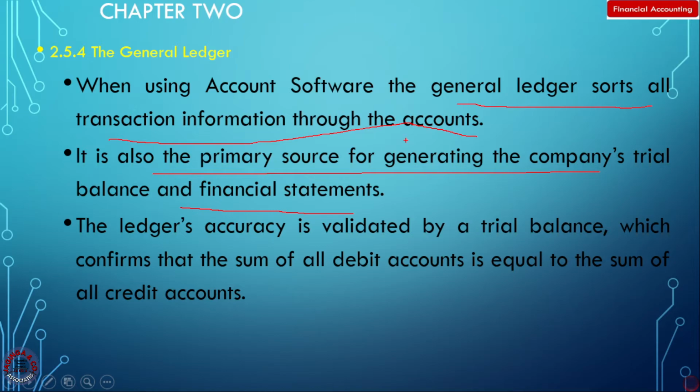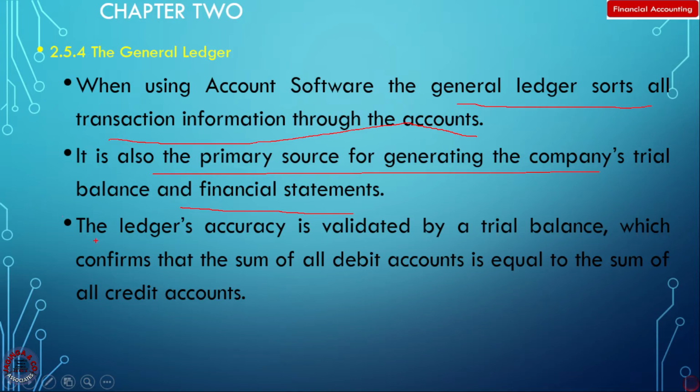And these accounts are the assets account, the expenses account, the liabilities account, the revenue account, and the capital account. After generating such accounts, we'll have a general ledger, and from the general ledger we'll have a trial balance. Then we can generate financial statements.